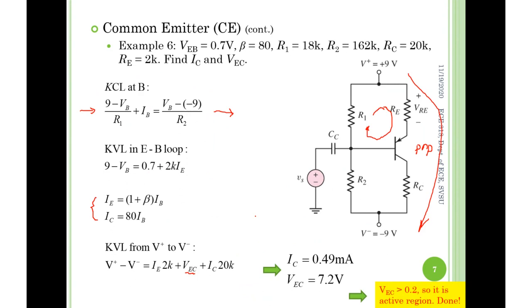So take a look at the equations and see any questions.